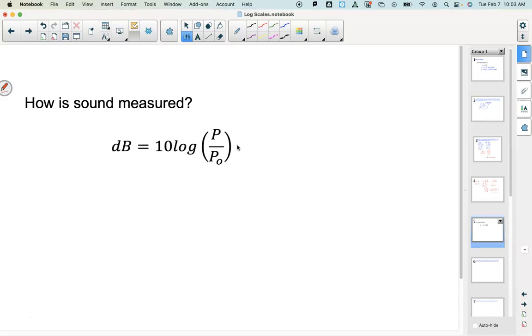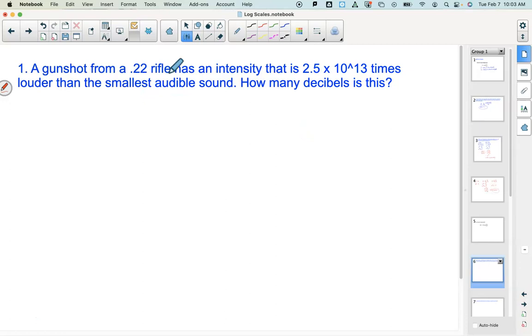Now notice it has a similar look to our Richter scale, except there's a times 10 in front, and then we have P over P sub 0. Example, a gunshot for a .22 rifle has an intensity that is 2.5 times 10 to the 13th times louder than the smallest audible sound.